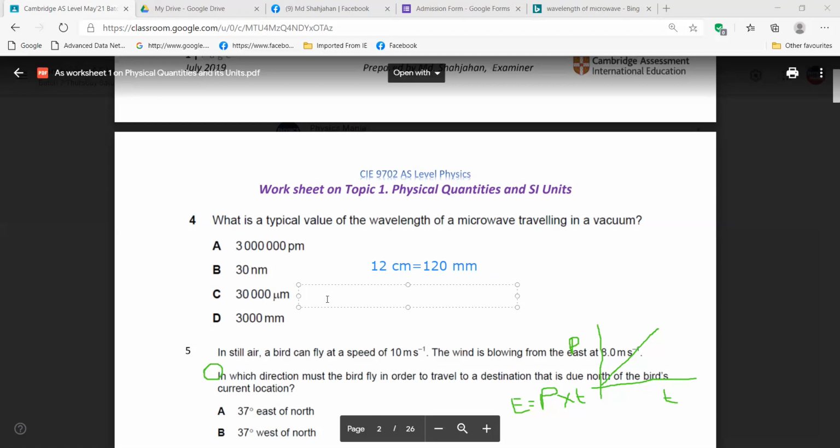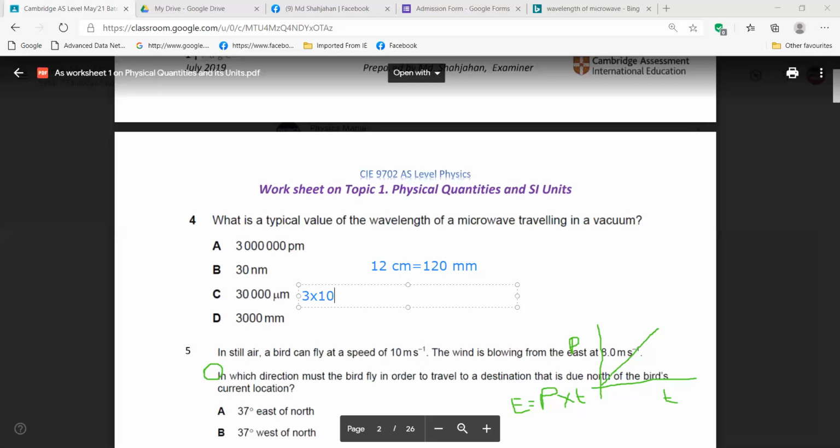I'm showing you 3 into 10 to the power 4, then 10 to the power minus 6. Then it's coming 3 into 10 to the power minus 2.